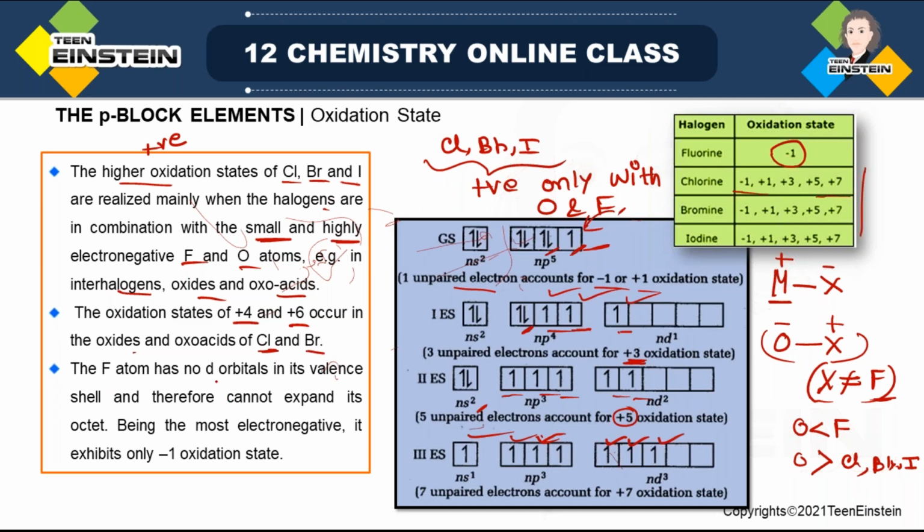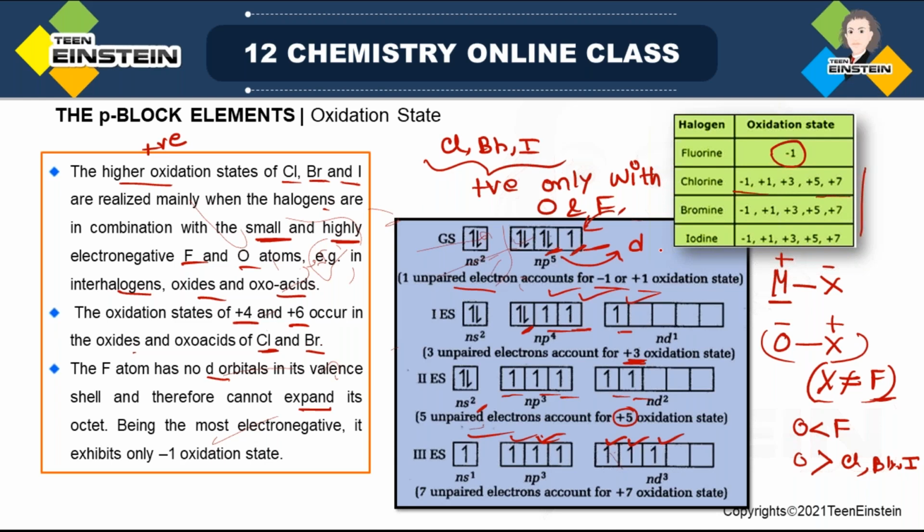Then fluorine atom, as it has no d orbital because it is from the second period, as there are no d orbitals, expansion of octet is not possible. That means this type of pair that we are breaking and transferring to d orbital, this phenomenon is not possible in case of fluorine because there is no d.